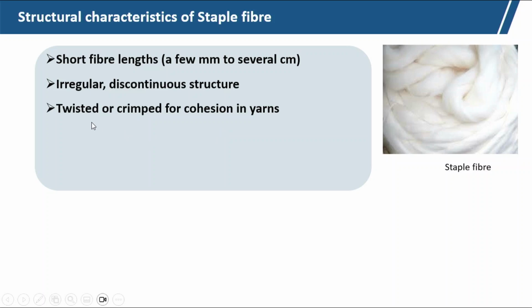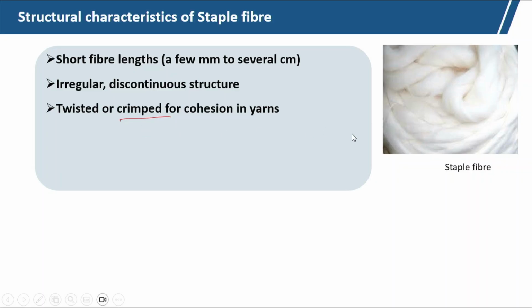And if we want to form a continuous strand in the yarn form, there we need twisting, or we have to impart crimp if it is a regenerated natural fiber.